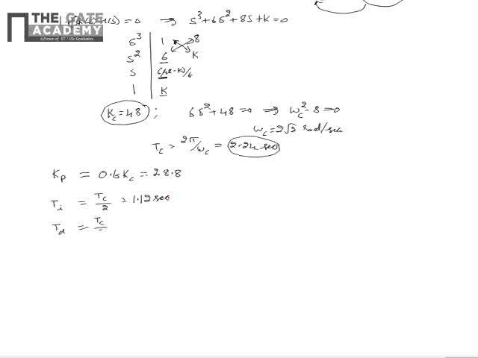Td can be written as Tc by 8, which can be simplified as 0.285 second. We see that the values of Kp, Ti and Td that we got here is the optimal setting of the PID controller using Ziegler-Nichols method. Hence, the correct option representing the optimal setting is D.